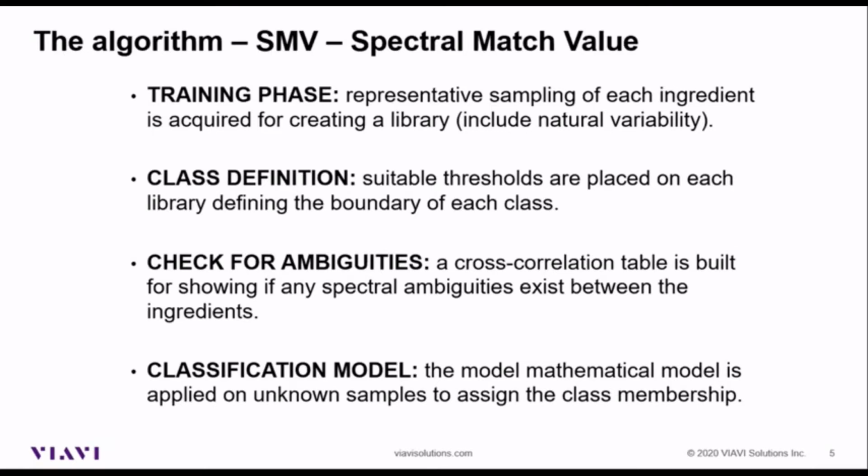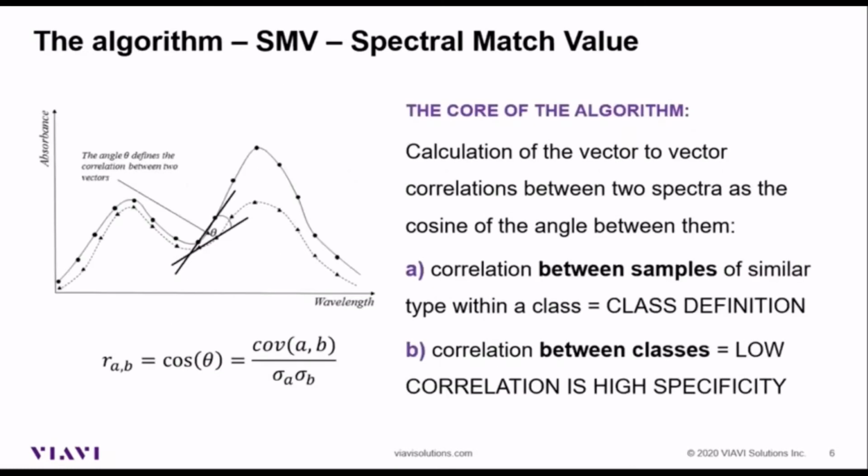When I have built my classification model, I can directly acquire the spectra of an unknown sample and assign them to a specific class thanks to the mathematical model that I've just created. What is inside the SMV, the spectral match value algorithm? It is a really simple algorithm that is based on correlation.